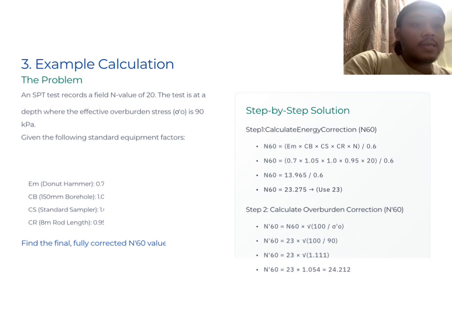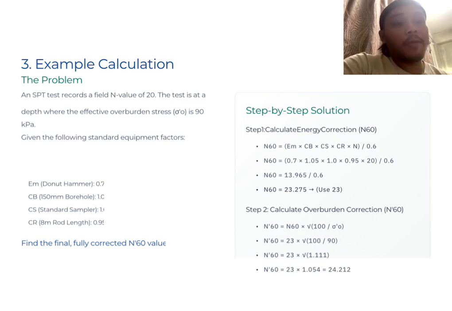Okay, these are the steps. We just use step 1 and step 2. We put the values into step 1 first, and from that we get 23.275, and then we just use 23. Then the answer 23, we put in the step 2 formula.